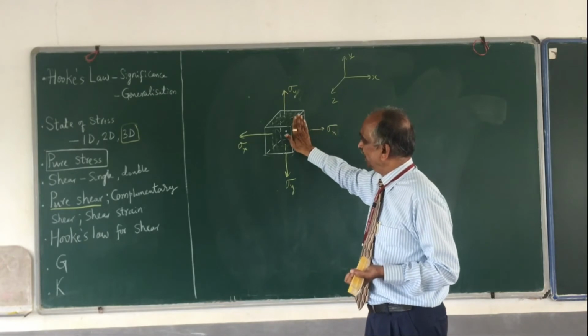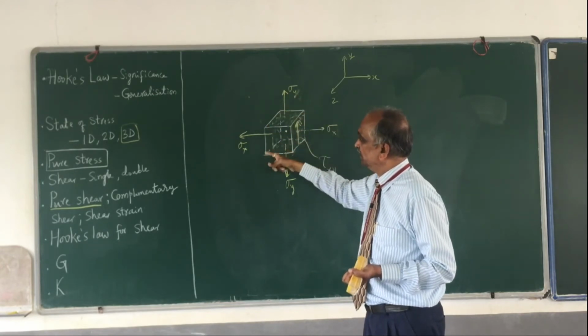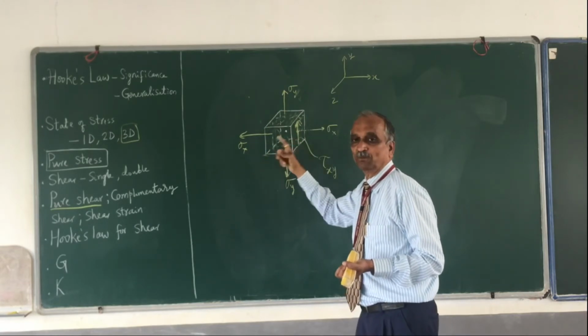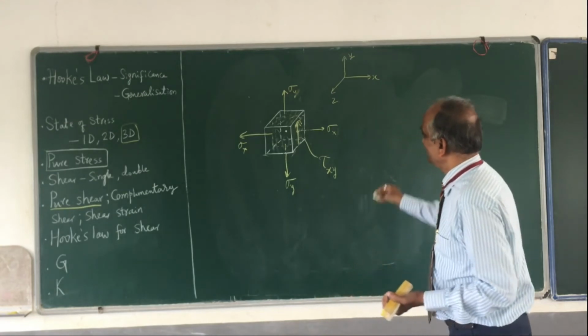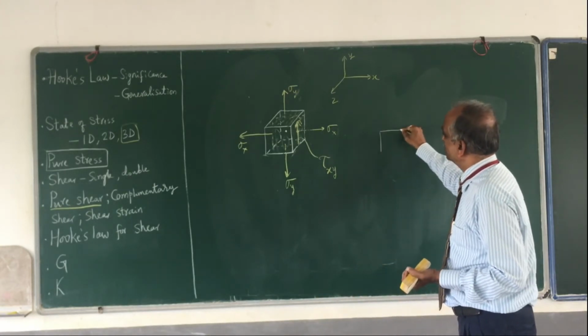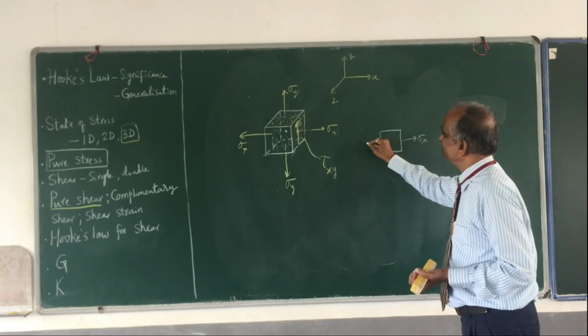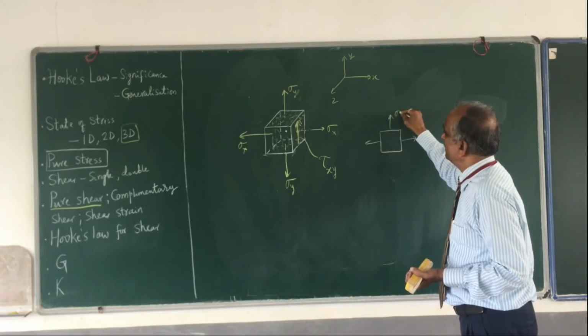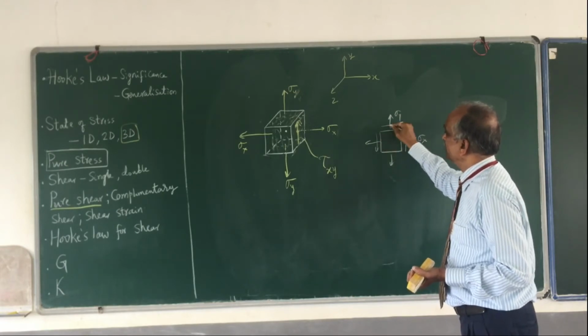If you have shear stress on this face, it has to be there on this face, on this face, and also on the bottom. Very soon I shall show it. So many times a two-dimensional state of stress is also represented like this: sigma x, sigma y, and tau xy, something like this.